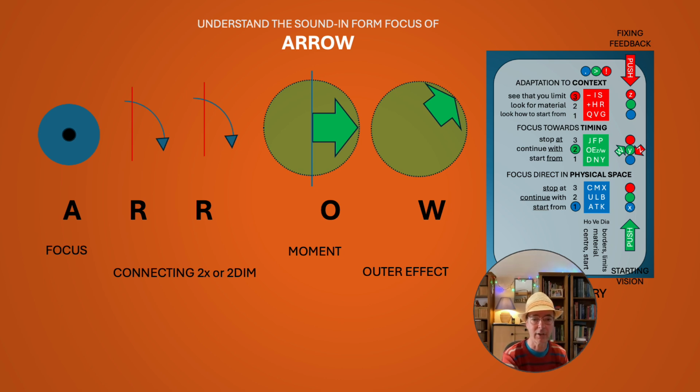I have here the A, the R, the O, and the W that expresses what is beyond it in the structure underneath as focuses. We could deliberately make it connect. For instance, if we take the R from the one part of the bow and the other R, the other part of the bow, and we have the A as the aiming, and we have the O as a direction, and it goes into a direction, we could make it very easily fit as well.